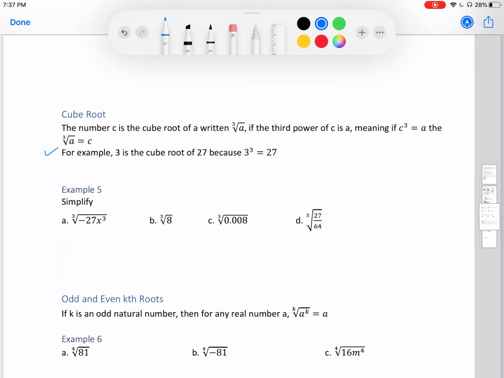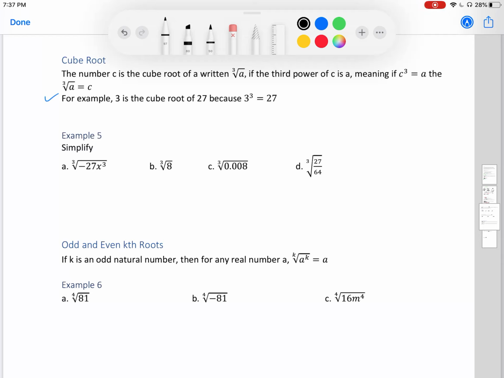Negative 27. Is that a negative? A negative times itself 3 times gives me negative 27.